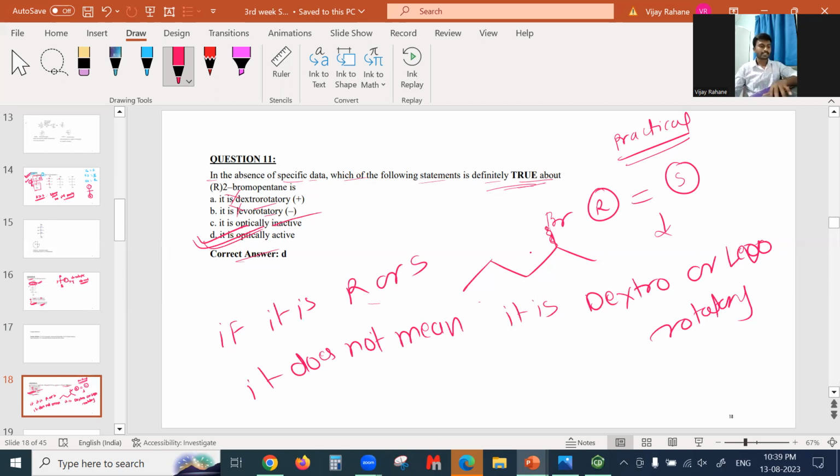This is an incorrect assumption. If it has the R configuration, it may be dextro or levo. So R and S are theoretical, and dextro and levo are practical observations.